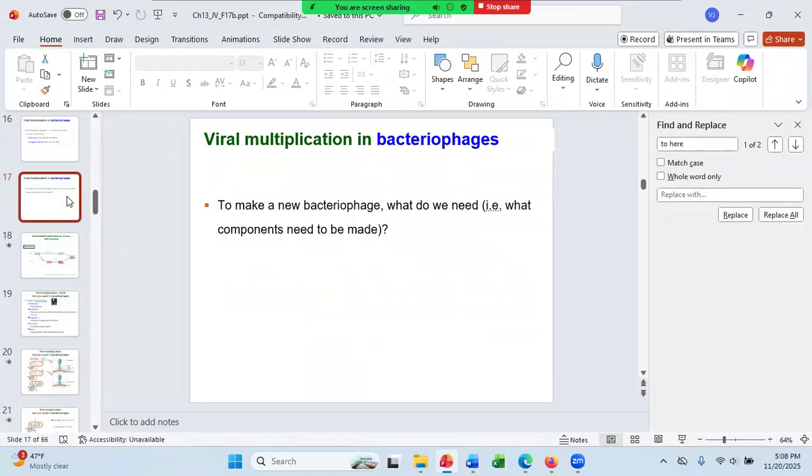So, viral multiplication in bacteriophages. How do new bacteriophages get made? What components need to be made to make a new virus, a bacteriophage? Well, what does the virus need to replicate? DNA or RNA?